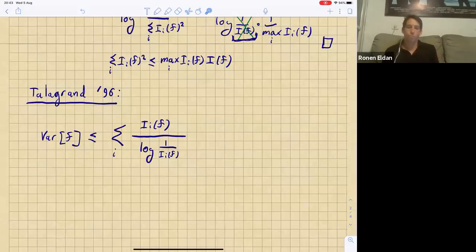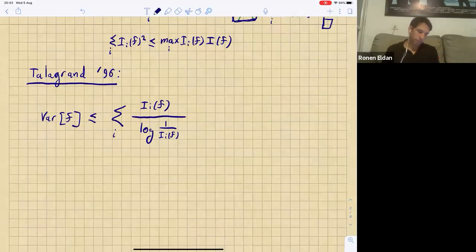And if you look at the tribes function, then this inequality is sharp. I guess what I'm trying to say is that the contribution of a single coordinate to the overall variance of the function is this quantity written inside the sum.